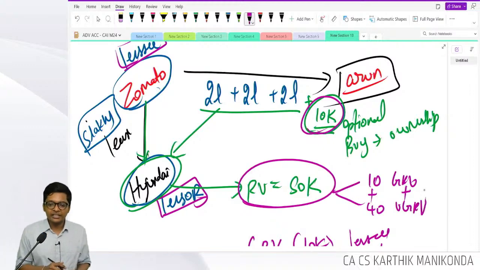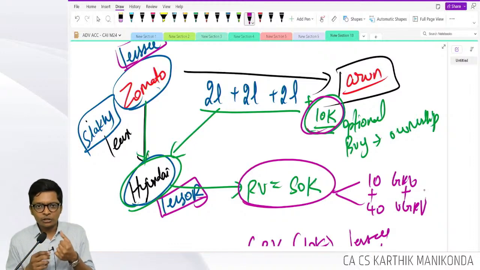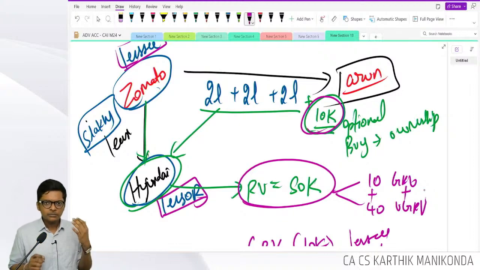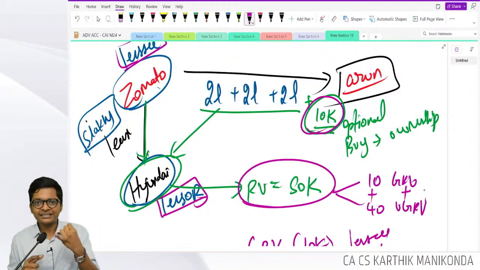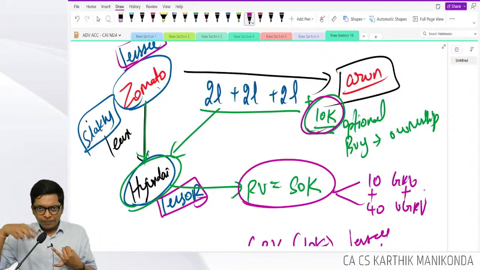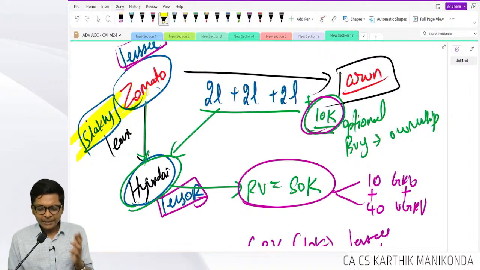So what are the terms we learned, guys? We learned lessor, lessee, and we learned residual value, GRV, UGRV and RV. Fine. And we also learned fair value. So 3 buckets: lessor and lessee; money, if you pay today and buy the asset, fair value of the asset; and money paid at the end of the asset.